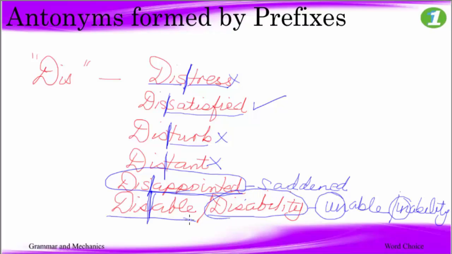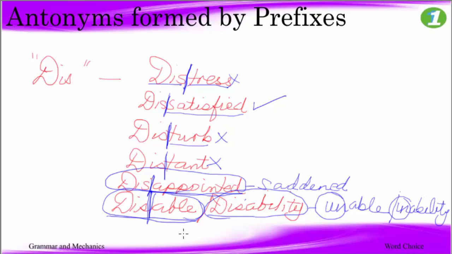When you see disable and disability, you have to count it as one word. It is not opposite to anything. It is one word that is not an antonym, even though the syllable dis is added to it. If you want to represent the meaning of one not being able to do something, you must use un or in. These two are prefixes which mean not, so they work just as well.